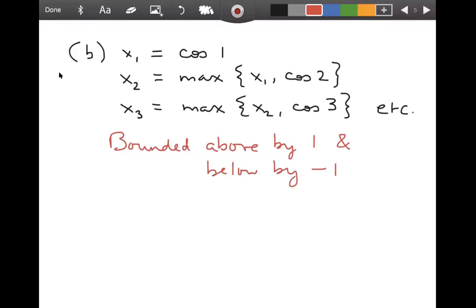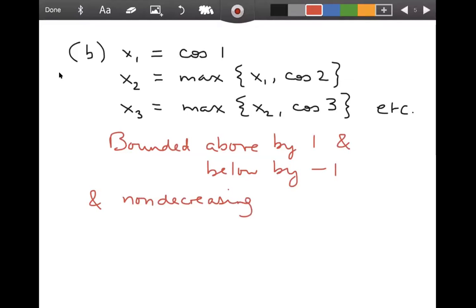All right, and now I'm going to argue that this sequence is non-decreasing. As you move from one term to the next, it's always looking at the last term and saying, okay, which is bigger, the last term or the thing that I'm looking at now? So again, if you look at the first few terms, the first term is cosine 1.